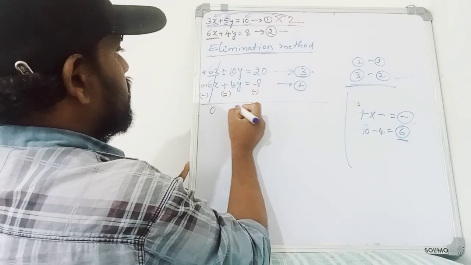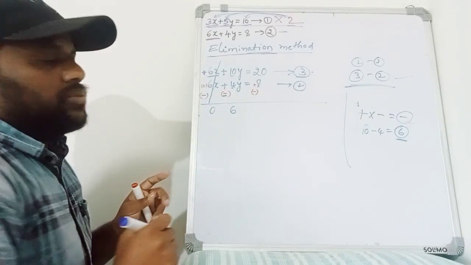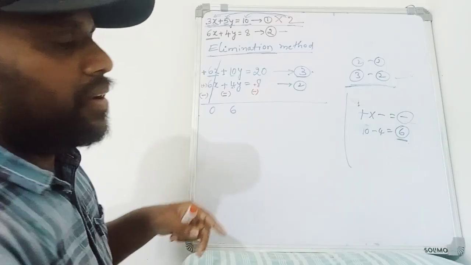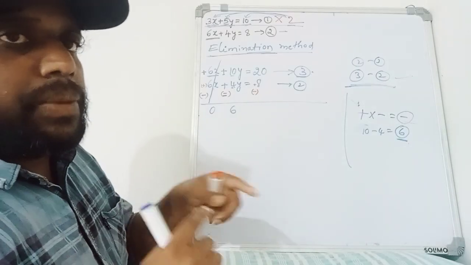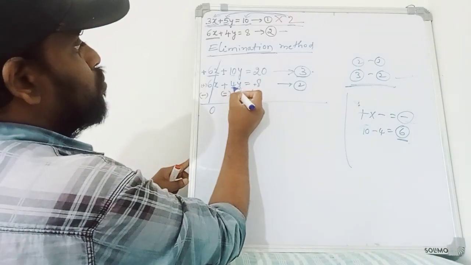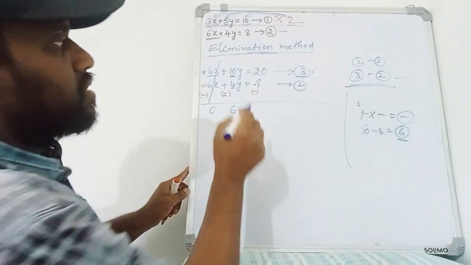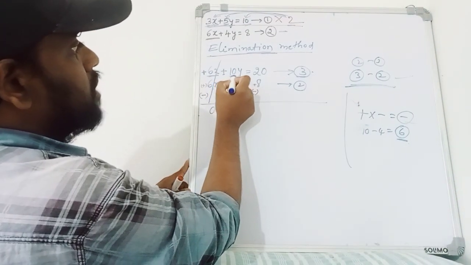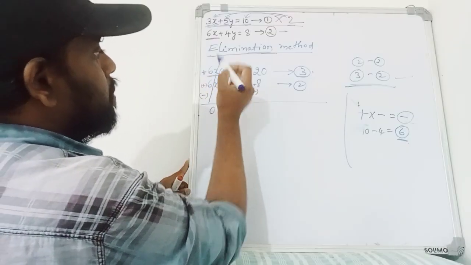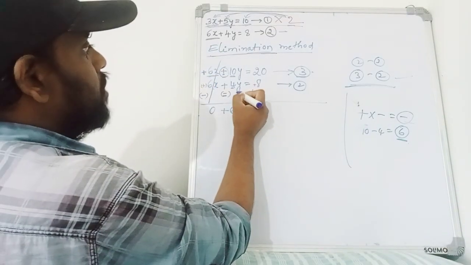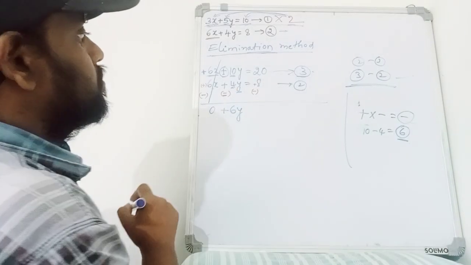This 6 you have to write here. Now the point is which sign we have to put here, whether plus or minus. Which is the bigger number, this 10 or 4? This 10 is the bigger number. What is the sign in front of that 10? Plus, right? That plus you have to put here. And this variable should be as it is, 6y.